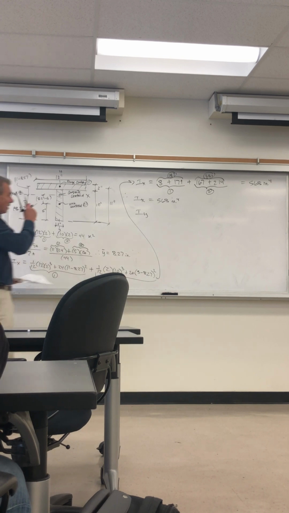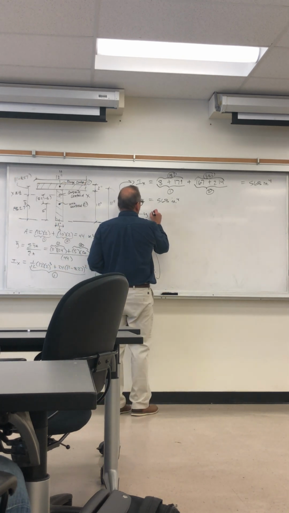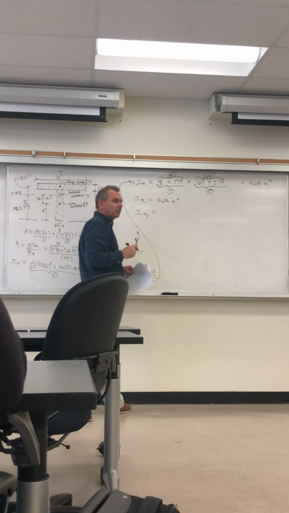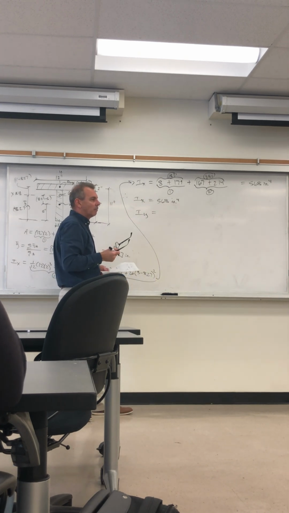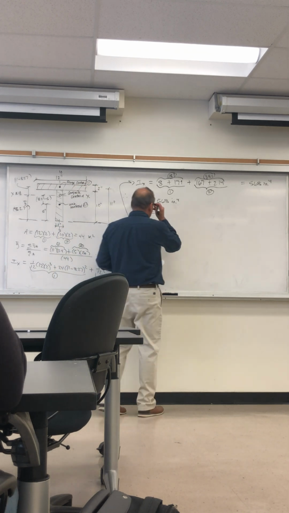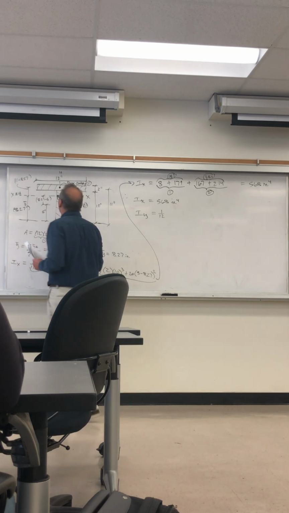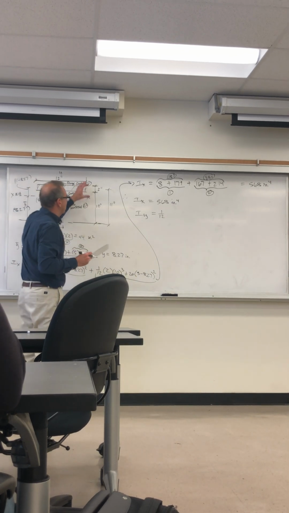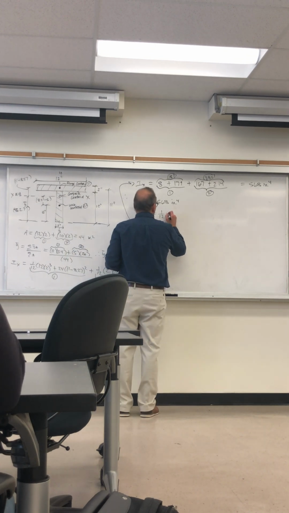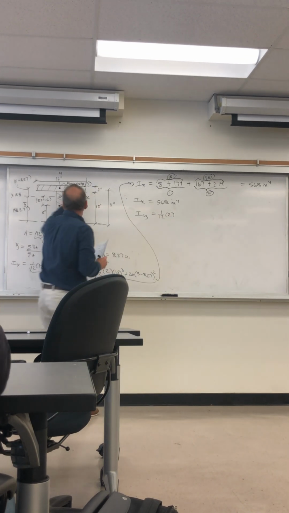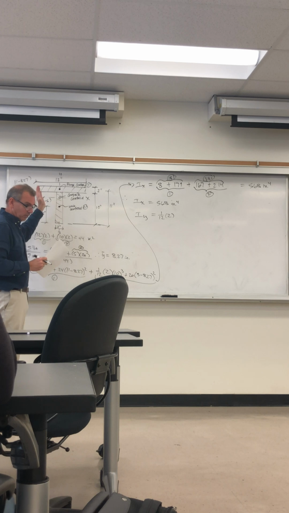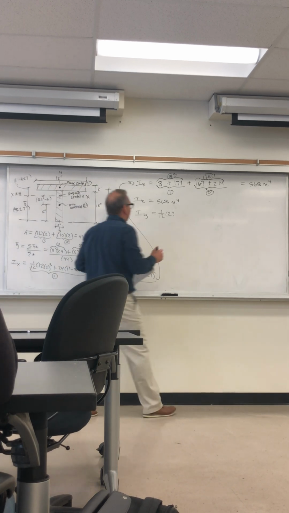So Iy is 1/12, instead of base times height to the third, it's 1/12 h base to the third. It's the same equation, but you just switch what's b and what's h. So it's 1/12 base, in this case it's 2 inch, and then the height term is switched, so it's now oriented in that direction, the longer direction, 12 cubed.